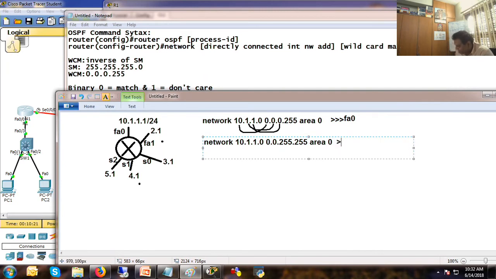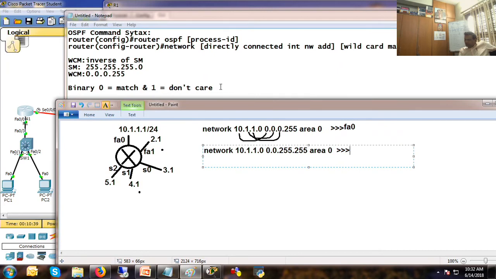Yogesh. Now I am telling, boss, you just see only the first 16 bits, means first 2 octets, 10.1, you match. Rest all next 2 octets don't care. 1 means don't care. You got my point here? 1 means what? Don't care. Now tell me which interface will be added.